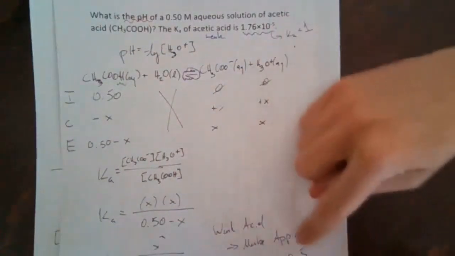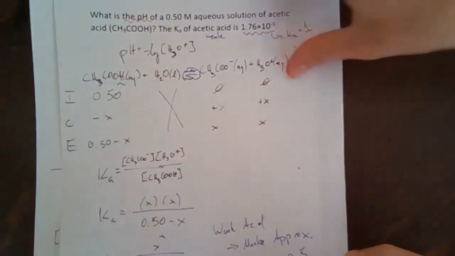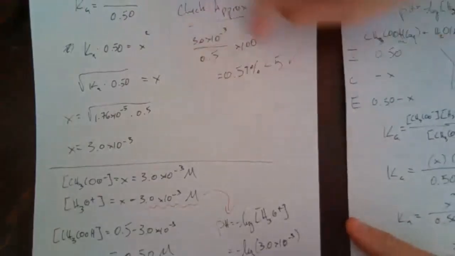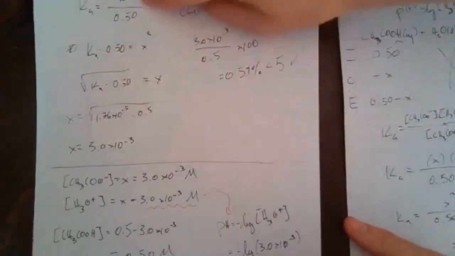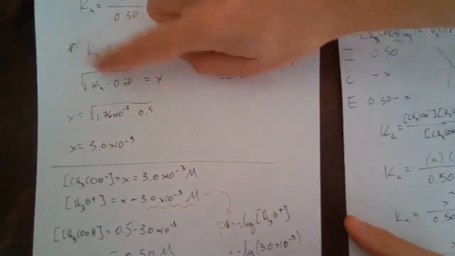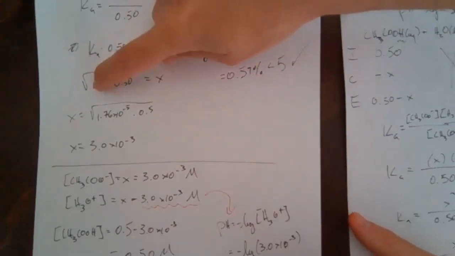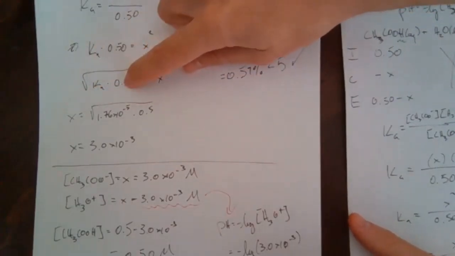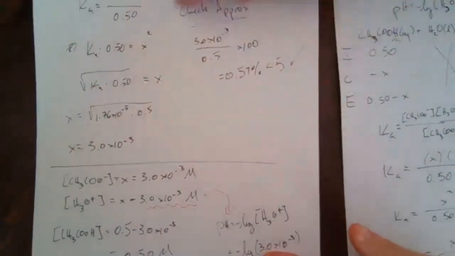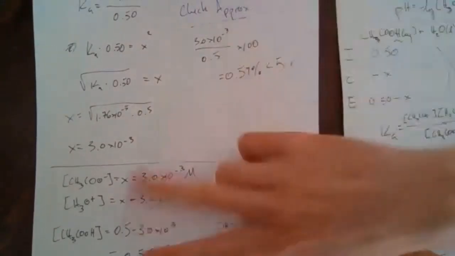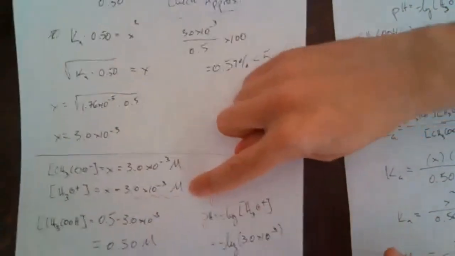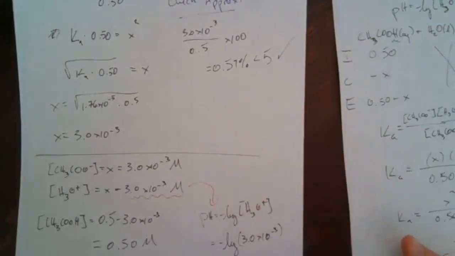You can almost always make the approximation, and you always should try to make it. So this algebra is almost always going to follow the same pattern. You take the square root of the dissociation constant times the initial concentration of acid to get x, check your approximation, and then you really don't have to do all of this. Really, all you want is the hydronium concentration, because that's the only thing that goes into the pH.